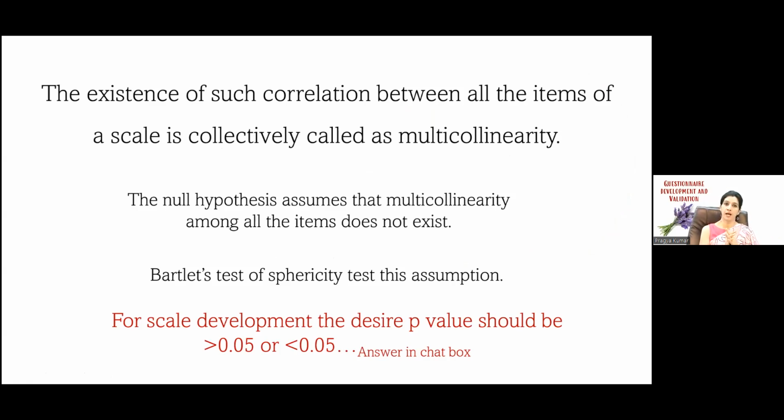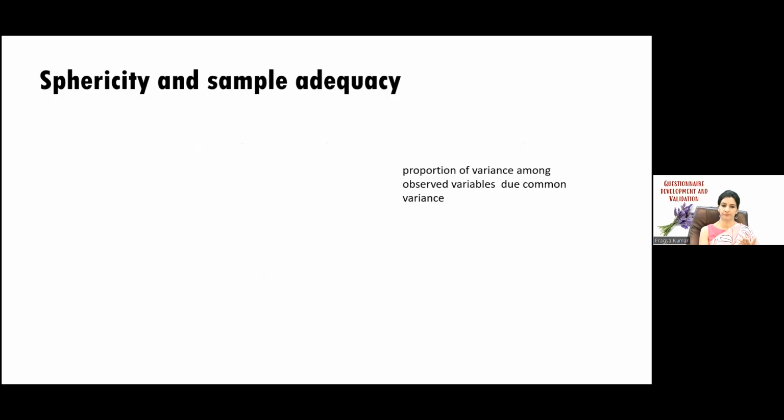So Bartlett's test of sphericity tests this assumption. For scale development, the desired p-value should be less than 0.05 because you have to reject the null hypothesis. And the null hypothesis says that there is no correlation. So if there is a correlation, then only you can perform the exploratory factor analysis.